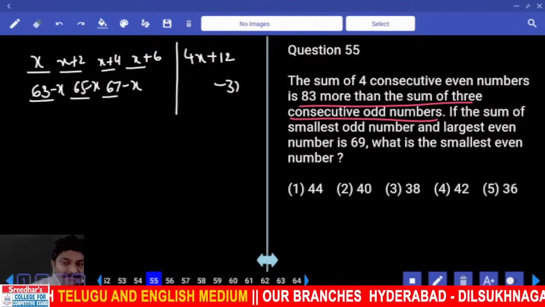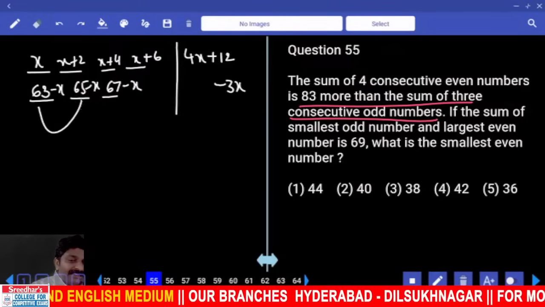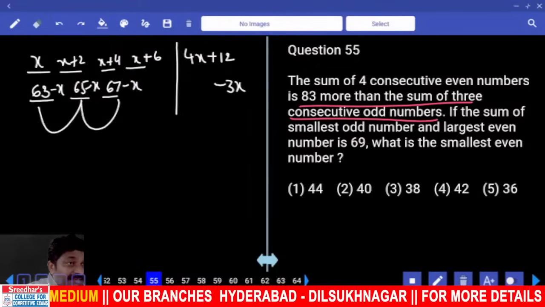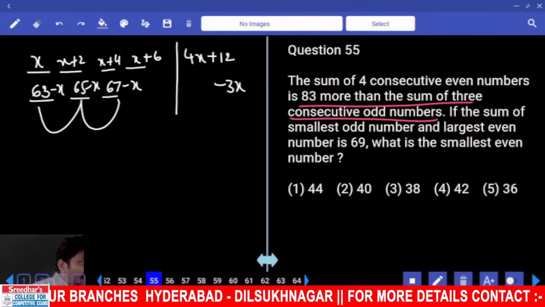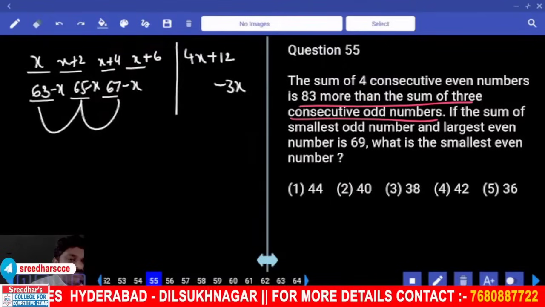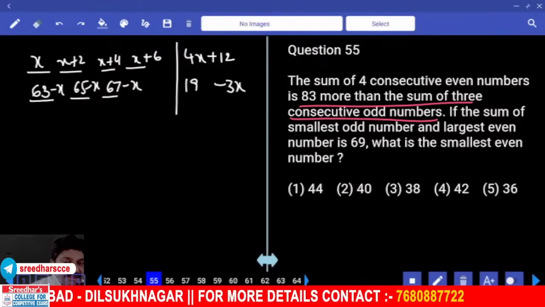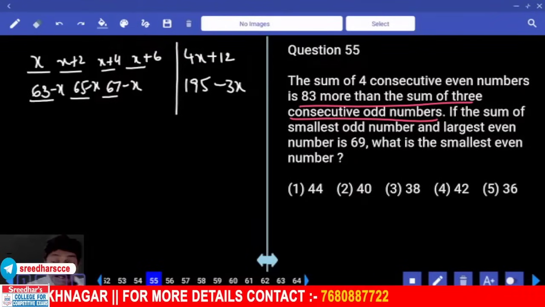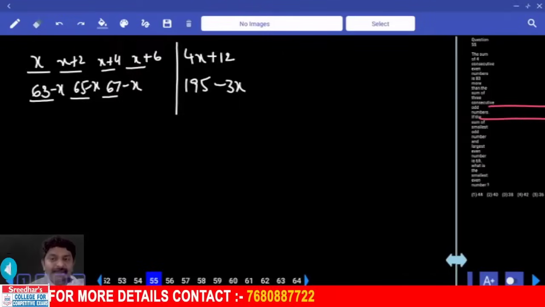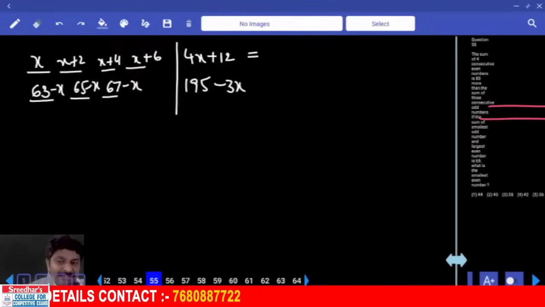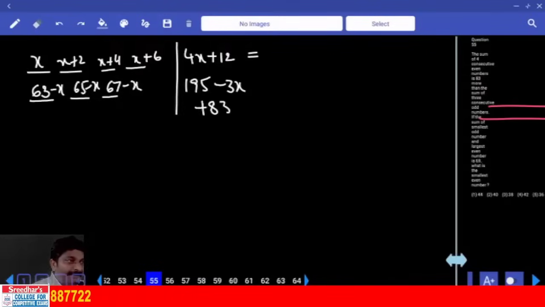So let me write minus 3x. 63, 65, 67, these are consecutive numbers. The middle number multiplied by 3 will give you the sum. 65 3 times is equal to 195. According to the condition, the sum of 4 consecutive even numbers is 83 more than this number. So to this we have to add 83, right? Which is equal to 278.